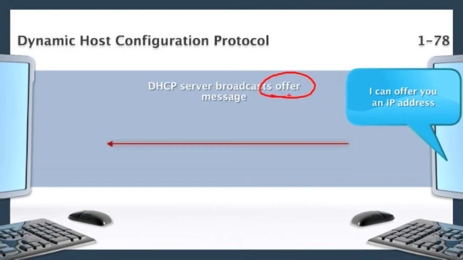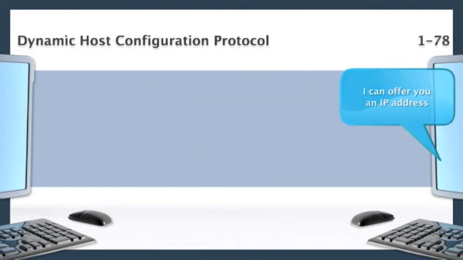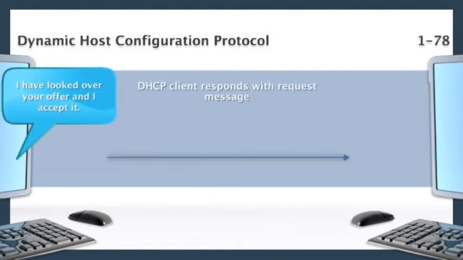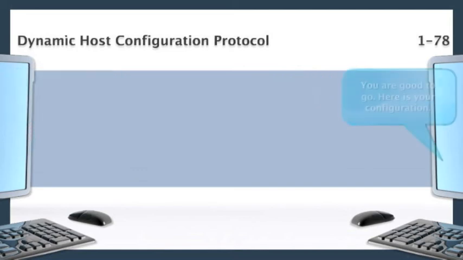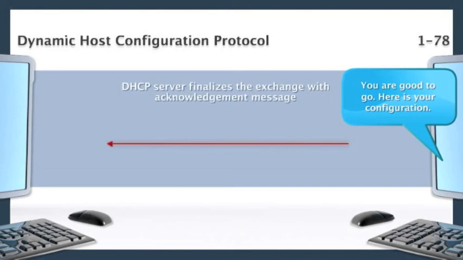Here is IP address information that you can use. I am offering this information to you." The receiving machine of that offer can then say, "Okay, I would like to request that information." So it sends a request message. And finally, the server responds with an acknowledgement.